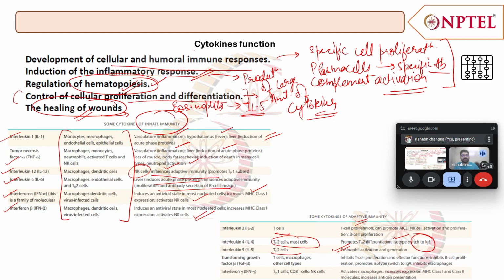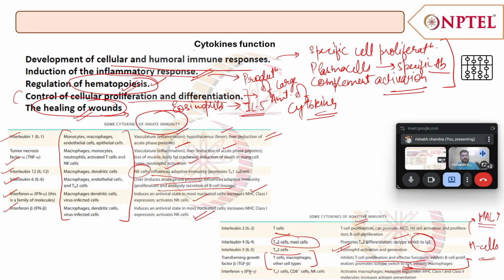Then TGF beta is produced from T cells and macrophages, and it inhibits T cell proliferation and effector function. It also inhibits B cell proliferation and promotes isotype switching to IgA. So IgA is produced basically in the M cells that are present in the MALT.